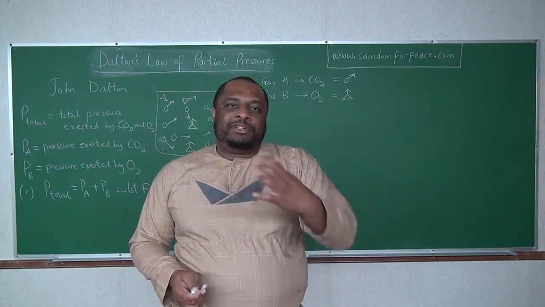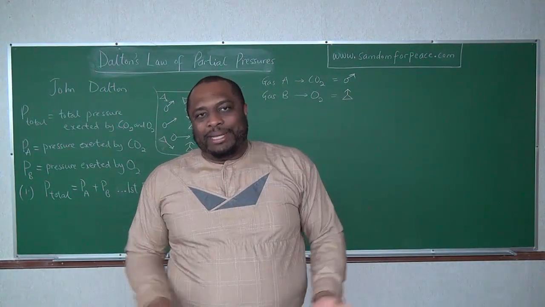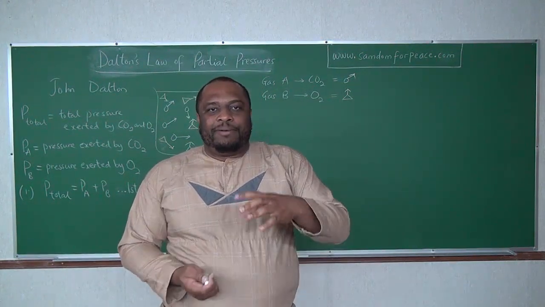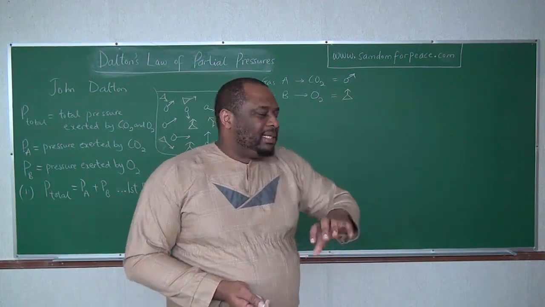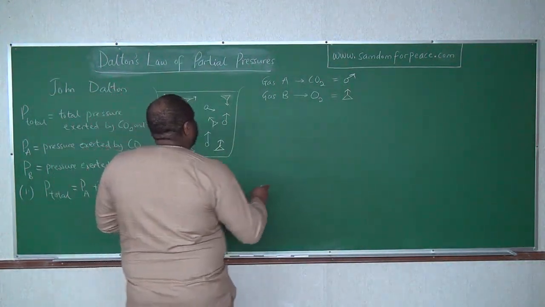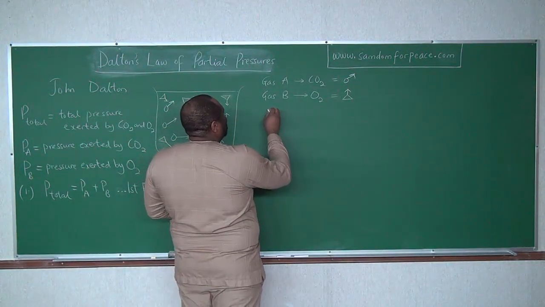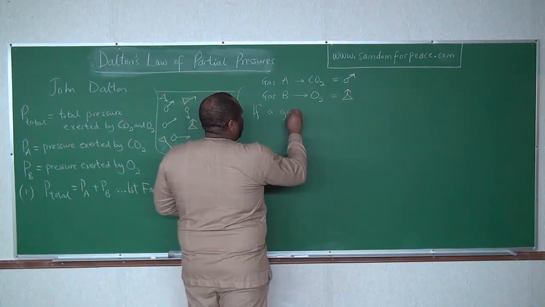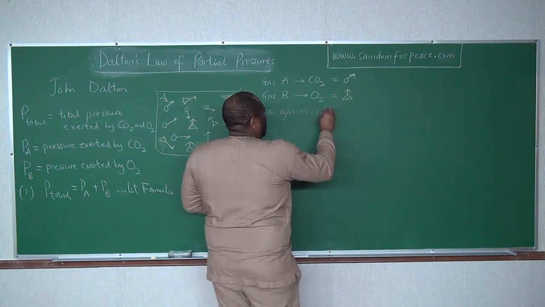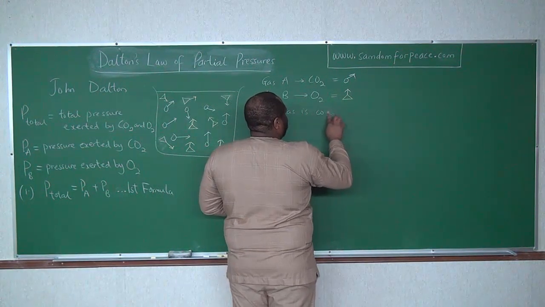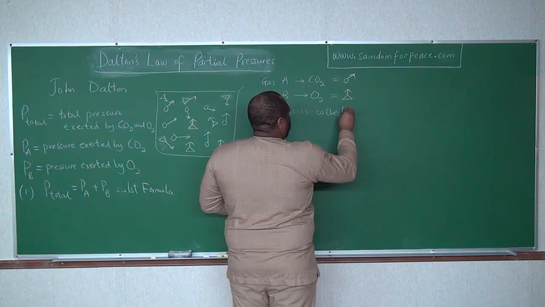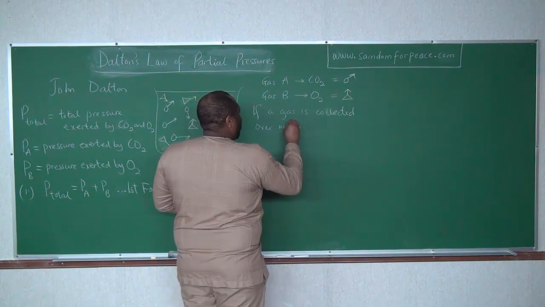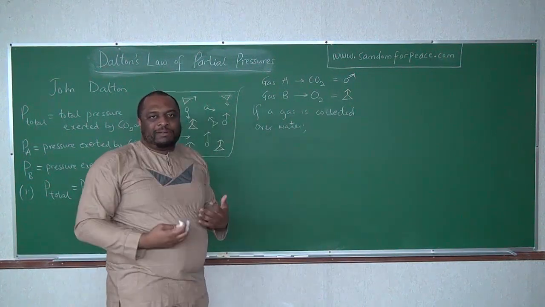Okay, if it's saturated with water vapor, it's wet. It's a wet gas. So you will need to find the pressure of the dry gas. So say if a gas is collected over water, it's likely saturated with water vapor.